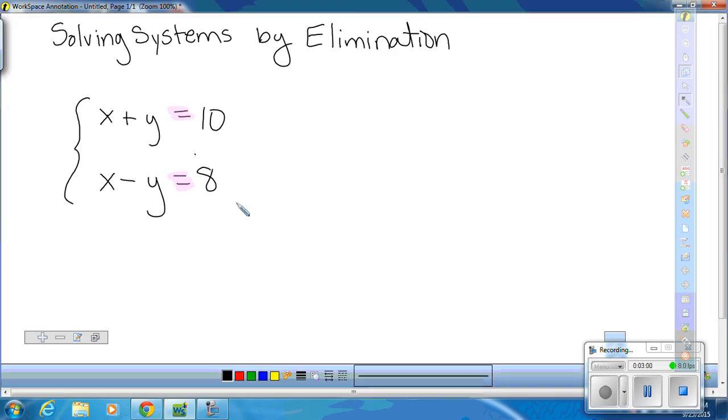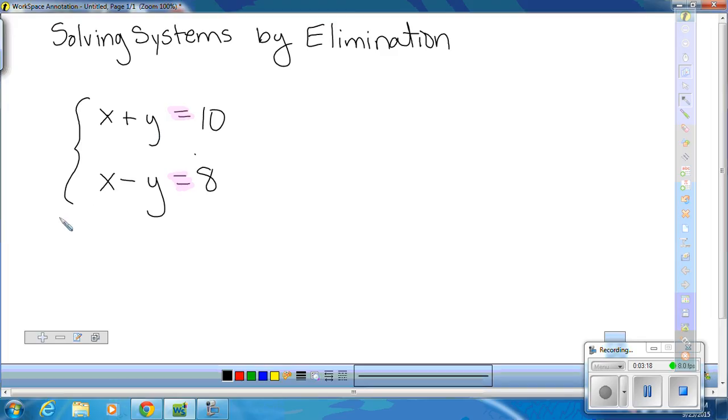Well, we don't want to add them together in any random way, but if there was a way that we could add them together so that one of the variables went away, I could eliminate the x's or I could eliminate the y's. If there's some variable I can get rid of, there would be an advantage to adding them together.